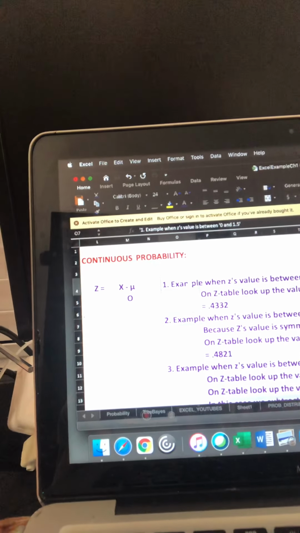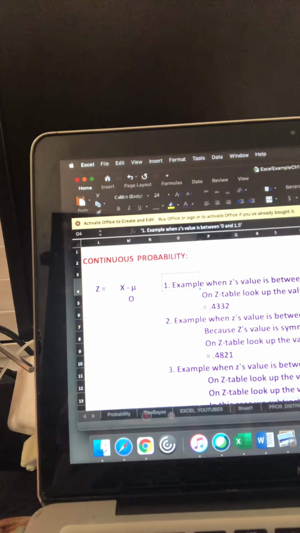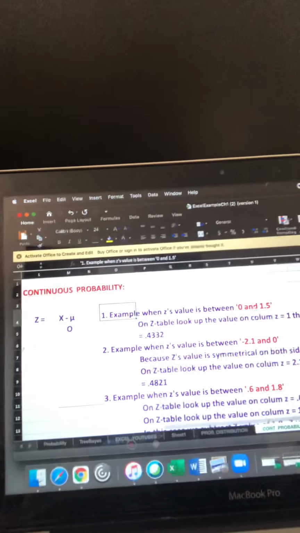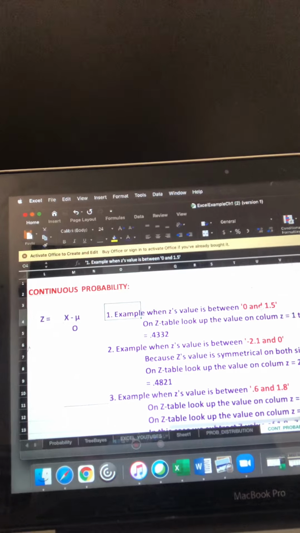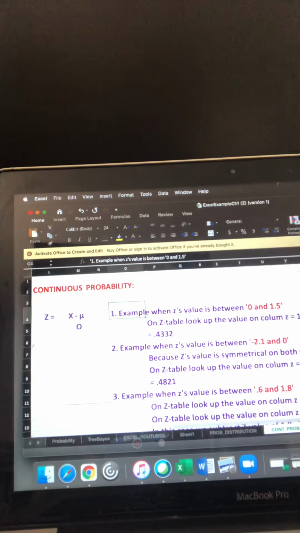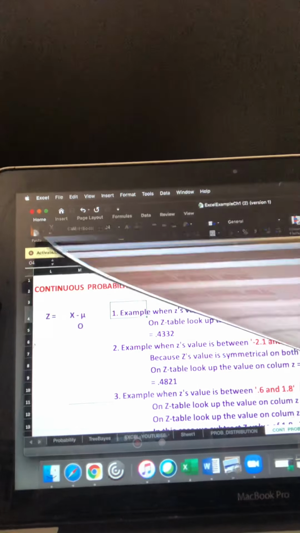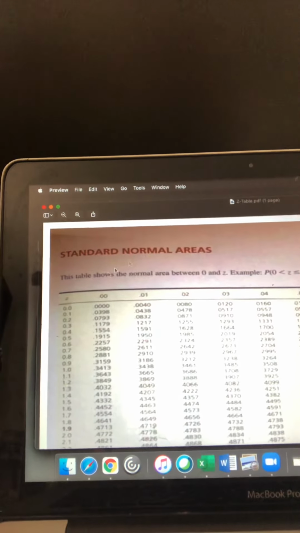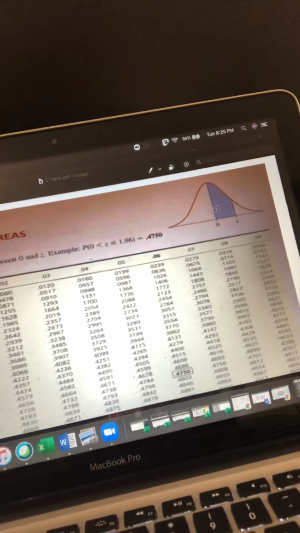In the example where the area under the curve is between 0 and 1.5, we go to the Z table, look up the column for Z, and try to find that value under the curve.